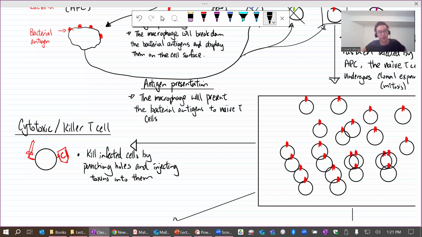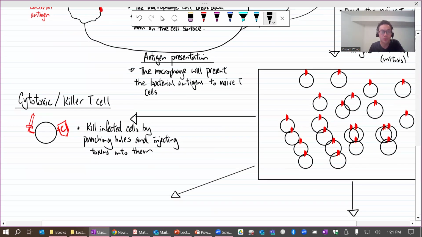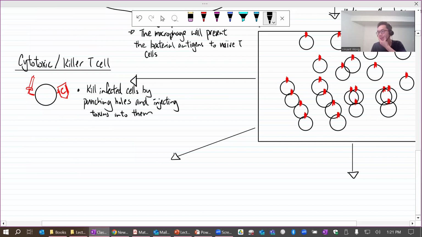You're going to go kill the infected cells. That is the cytotoxic or killer T cell.